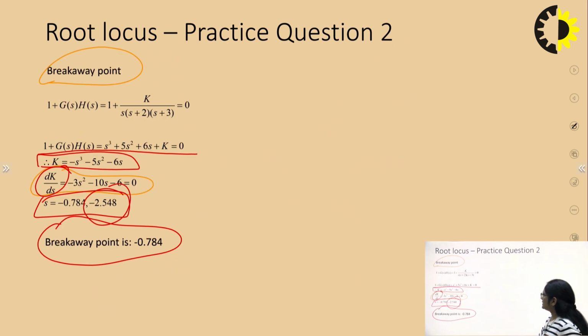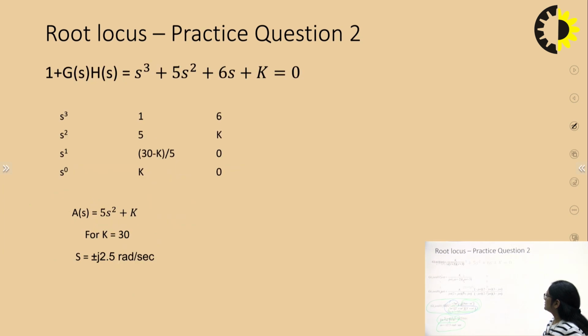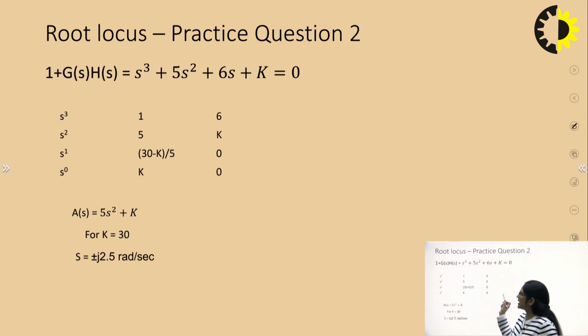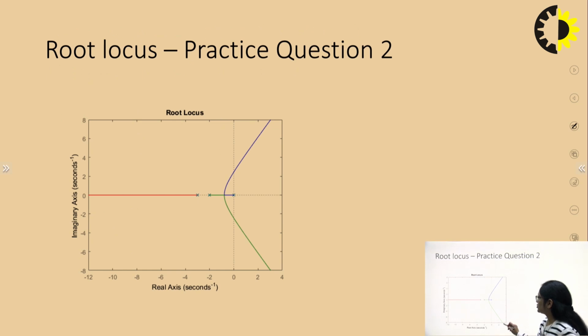So, this blue line and this green line are the root loci of the system. The other way to find the intersection of the root locus on the imaginary axis can also be done using the Routh-Hurwitz criterion. This is the sketch. We know one pole was marked at 0, another at minus 3 and minus 4.